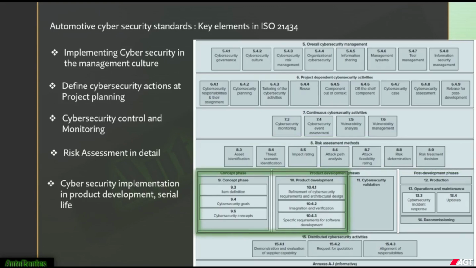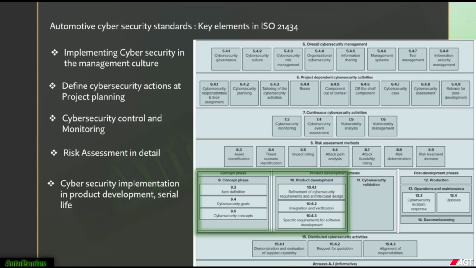Then comes chapter 9, which is the concept phase, and chapter 10, which is product development. Basically, chapter 9 defines the items and their environment, serving as the basis for the subsequent activities. Cybersecurity goals are specified for each item based on the assessment of cybersecurity risks identified by the methods in the risk assessment phase.